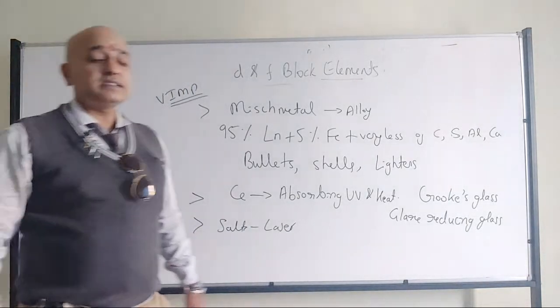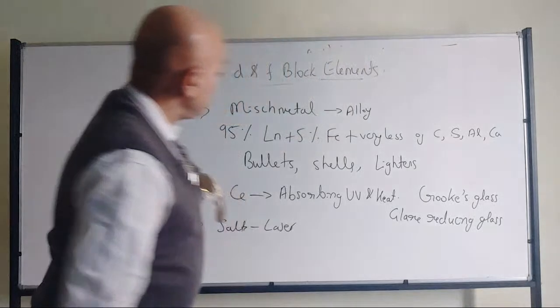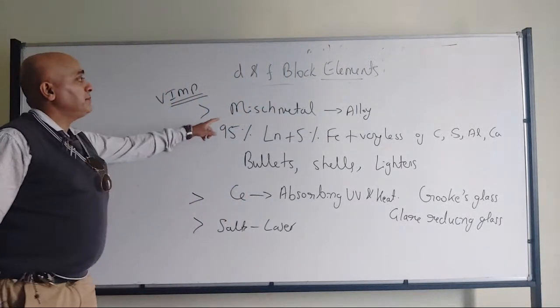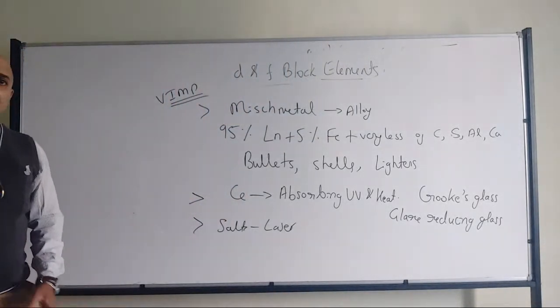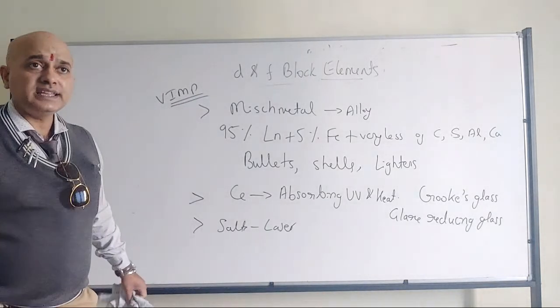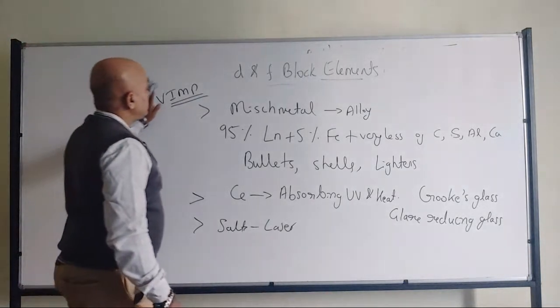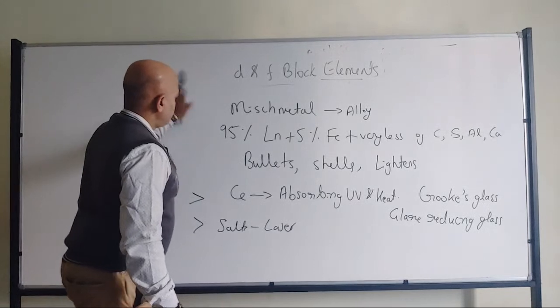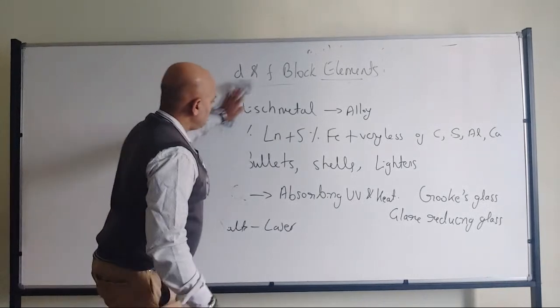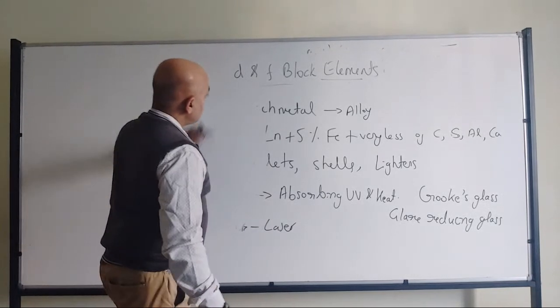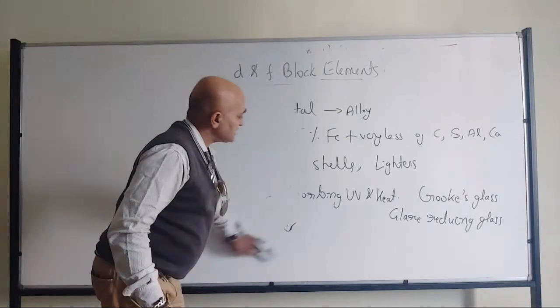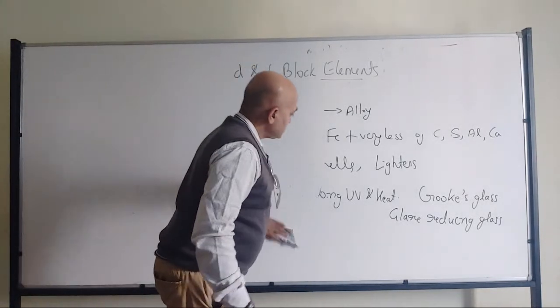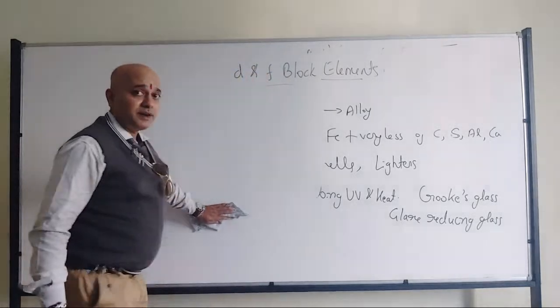Okay, so these are some of the important things which you have to remember about the mish metal. Any doubts in this? By this we are done with the 4F series completely. From your exam point of view, try to remember oxidation states.